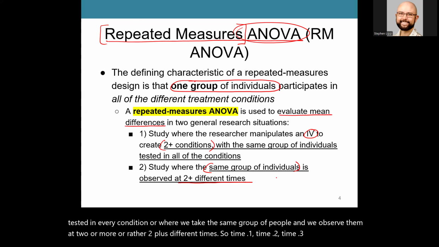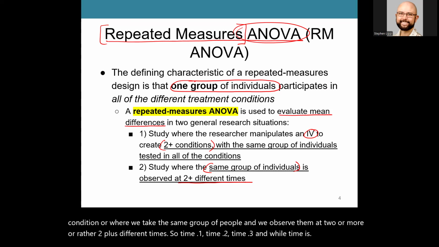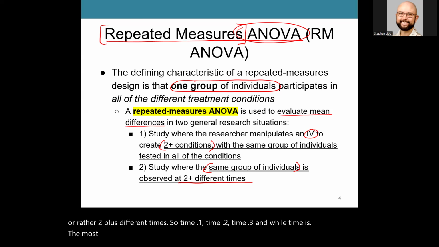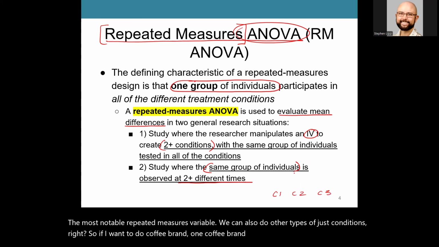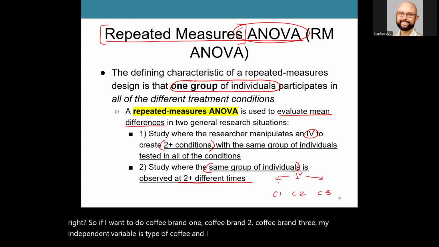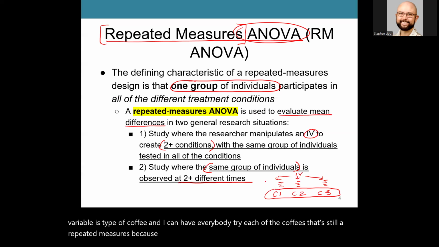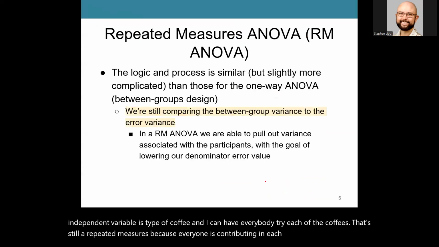While time is generally the most notable repeated measures variable, we can also do other types of conditions. So if I want to do coffee brand 1, coffee brand 2, coffee brand 3, my independent variable is type of coffee, and I can have everybody try each of the coffees. That's still a repeated measures design because everyone is contributing in each of the conditions.